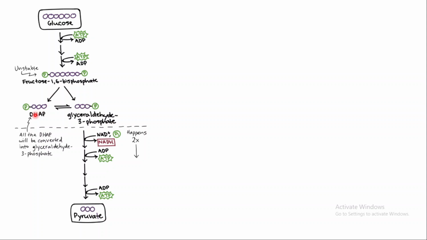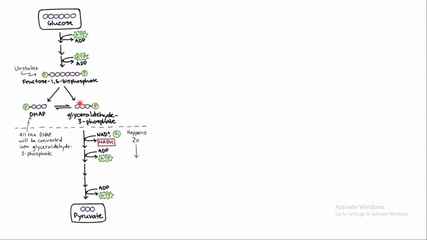That means DHAP can convert into glyceraldehyde 3 phosphate and vice versa. So now we have broken down a 6 carbon compound into phosphorylated forms of 3 carbon compounds. And eventually all the DHAP will be converted into glyceraldehyde 3 phosphate. Now this marks the second step of glycolysis.